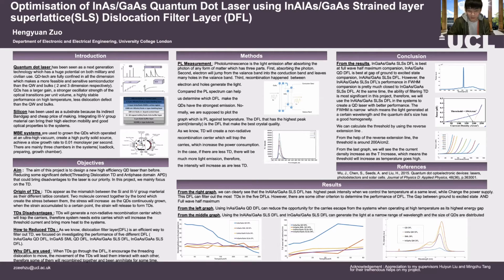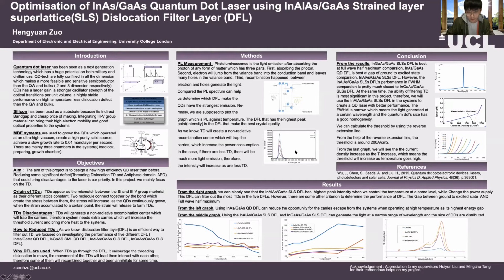The comparison of the PL spectra can help us determine which DFL will make the QD have the strongest emission. Normally, we plot the graph of PL against temperature, as you can see at the bottom of the section here.